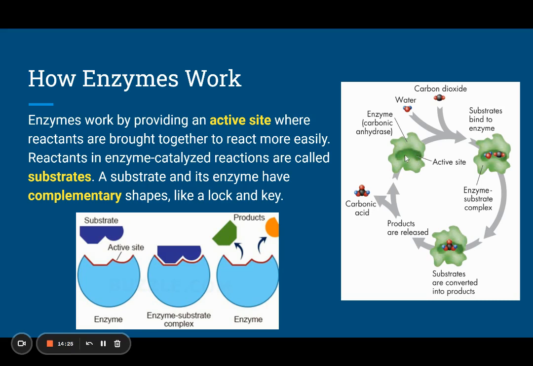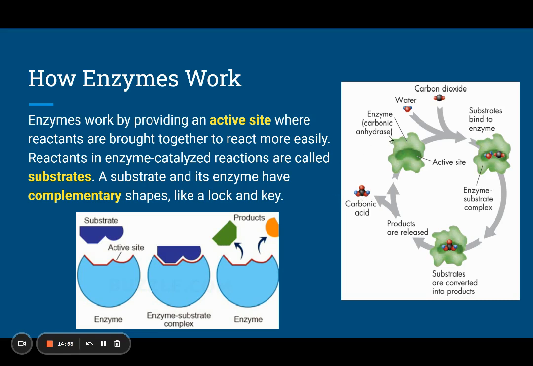The dark green section is my active site. It fits my substrates perfectly. They're converted into products, and then those products are released. If the substrates do not fit, the enzyme's active site will not accept them. So the only thing that should be going in an active site is the right substrates.